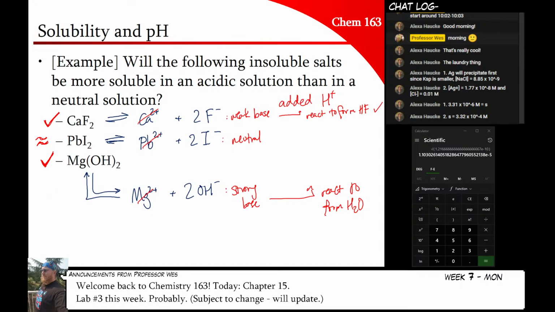So we've predicted that based on the reactivity of these substances with acids, due to the fact that the anions that have formed are various forms of weak bases, strong bases, or not bases.